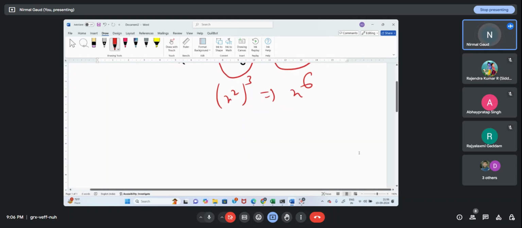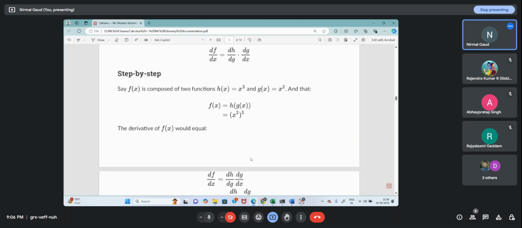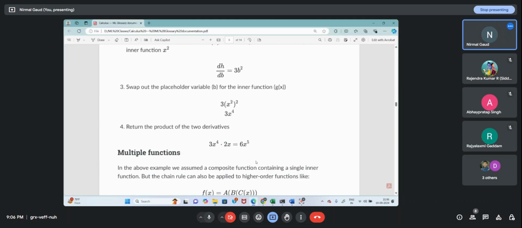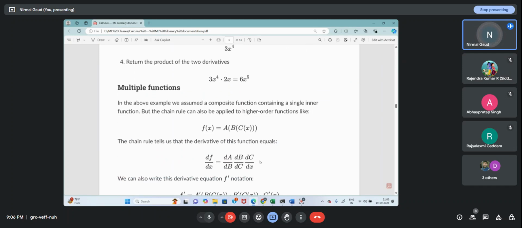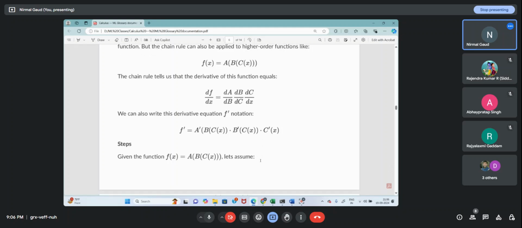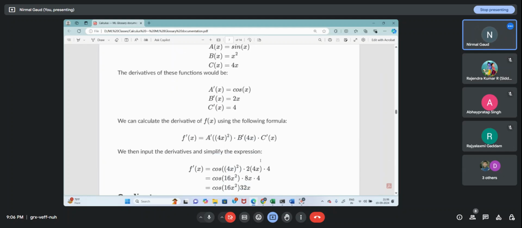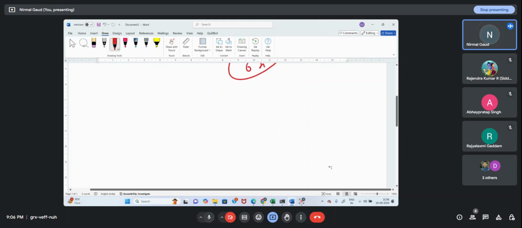The differentiation of x to the power 6 is 6 x to the power 6 minus 1, that is 5. That should be the answer, 6x to the power 5. A very simple example. So we can have multiple functions inside. We'll be using this concept in our linear regression algorithm. For example, you have e to the power x square.